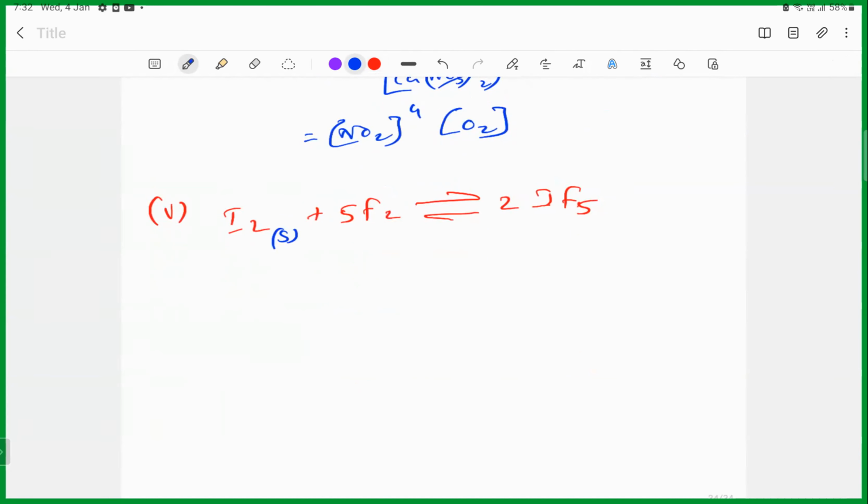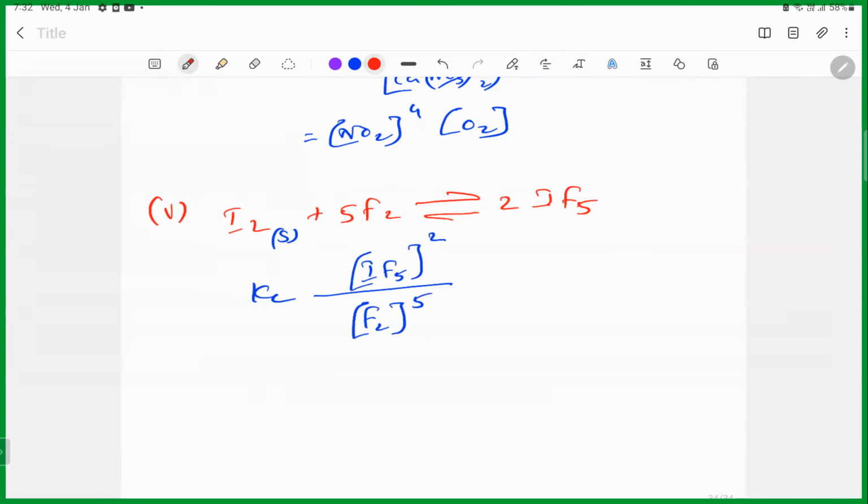Sir, IF5 power 2 by F2 power 5, sir. Very good. So that is the Kc value.